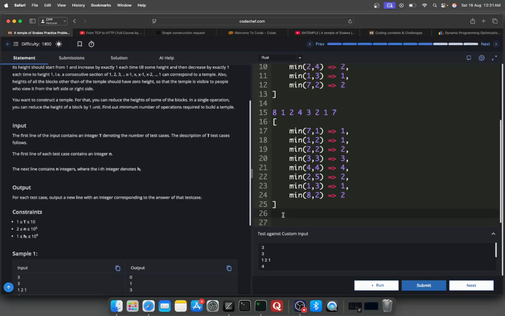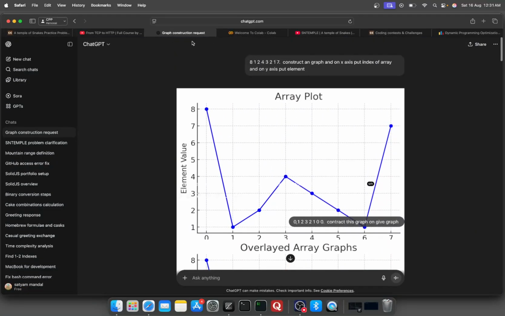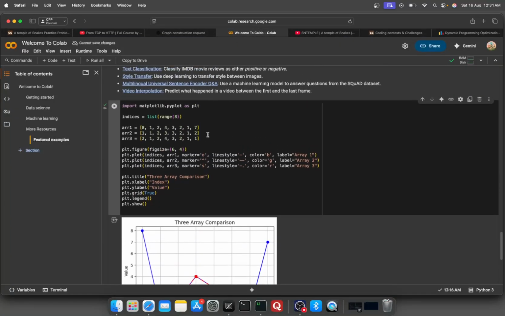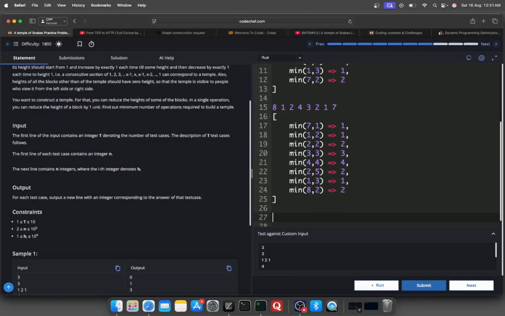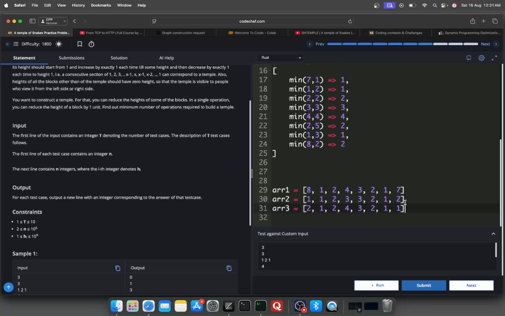let's put this graph. Wait a second. Okay, so we have to put the minimum.